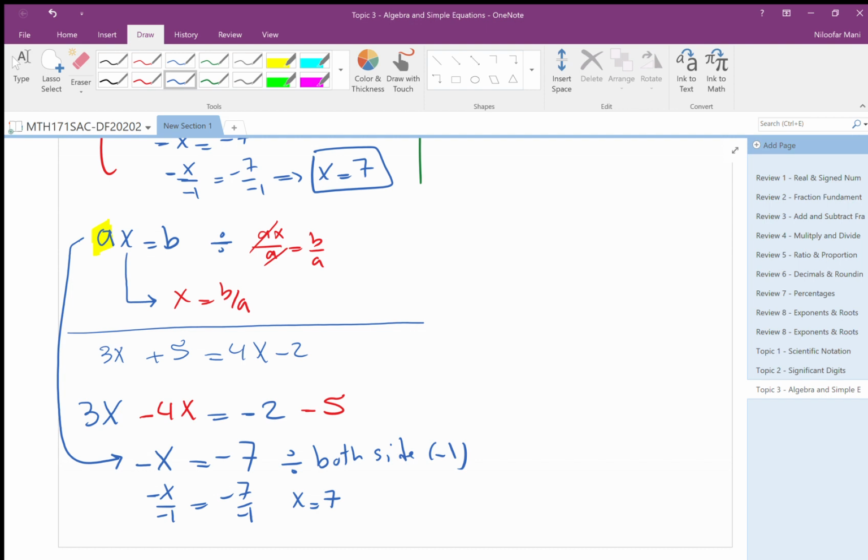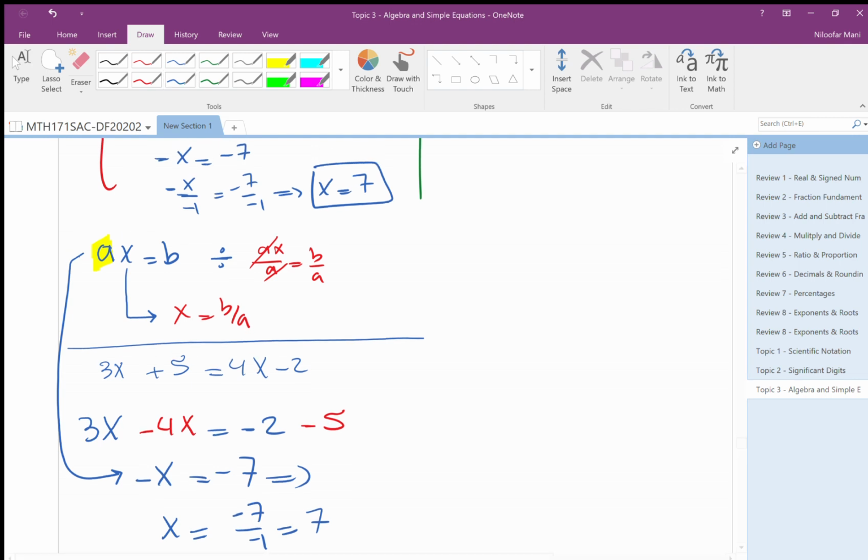So I can remove this from here because I did it there. I can say x is minus 7, which is b, over minus 1, which is a. So it's just 7. Done. Even I don't need to say I divide both sides. I can just make it easier for myself.